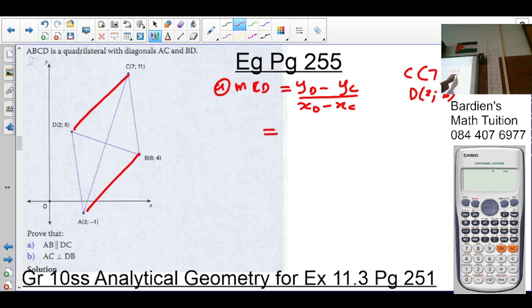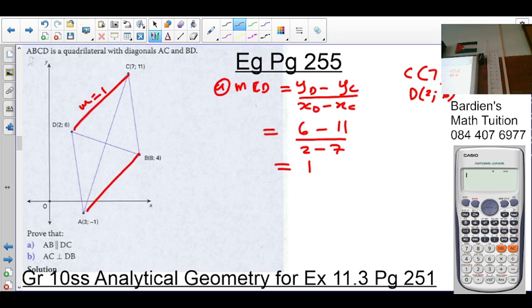So let's go. YD minus YC is 6 minus 11 over 2 minus 7. So now that gives us negative 5 over negative 5, which is 1. The gradient is going to be 1. So if we can prove that AB's gradient is also 1, we've done the job.